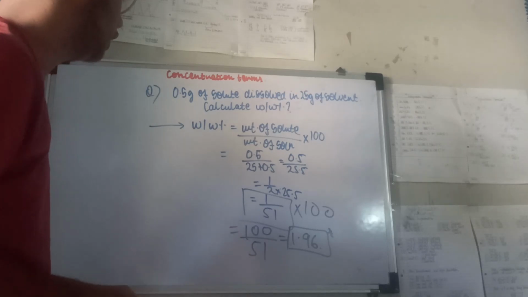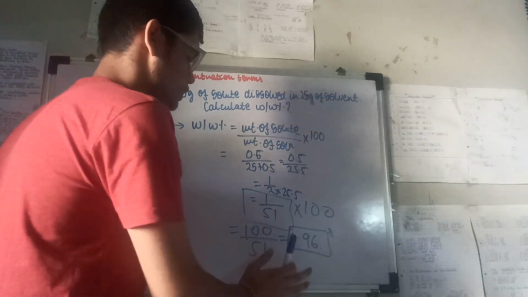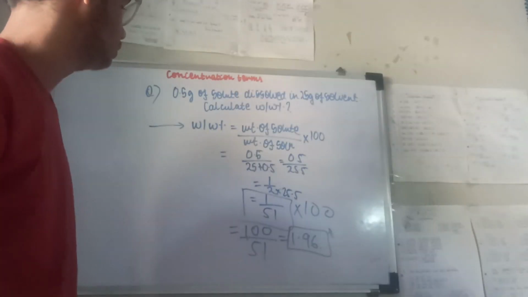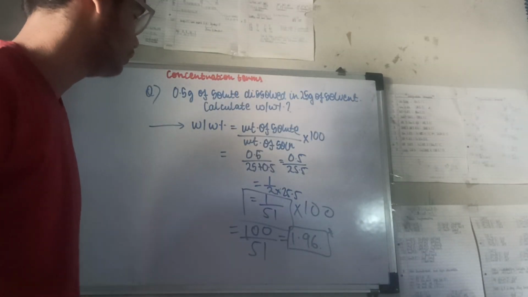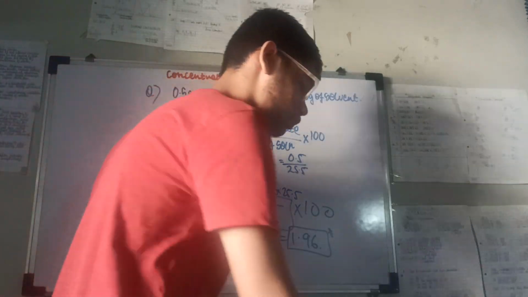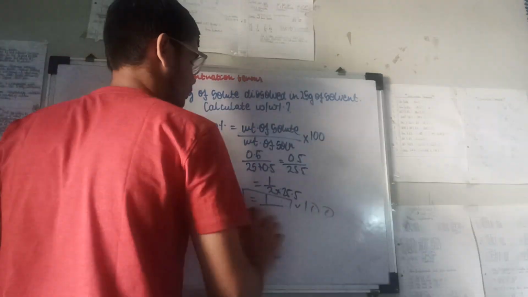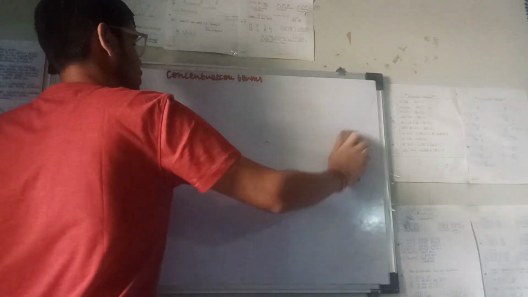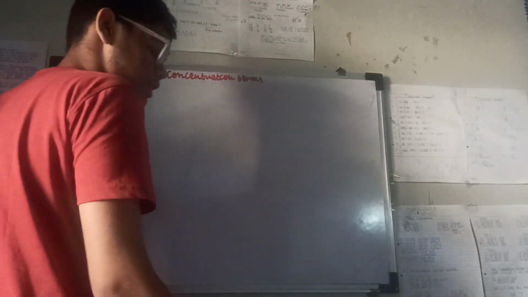Weight by weight percent is 1.96. So who got the correct answer? Let's see. Now I am rubbing this out and we will move to the next sum. Pay attention to the solvent and solution mentioned because slight mistakes happen.